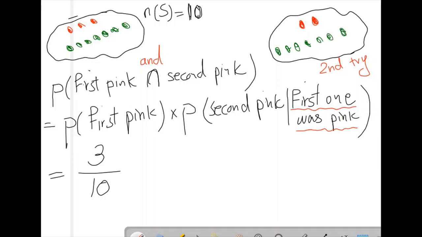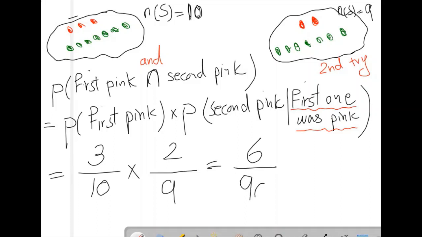So in total 9. So the probability of second pink is 2 divided by 9. So the answer is 6 divided by 90.